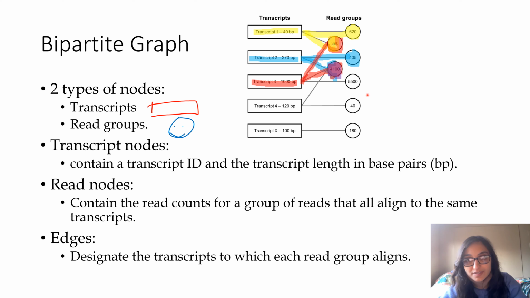Transcript 3 also has its own little guy: it has 5500 all to itself here. But it's also sharing this 4100 with transcript 2, and also sharing 390 with transcript 1. So that makes orange, and red and blue makes purple. You can kind of see this over here.